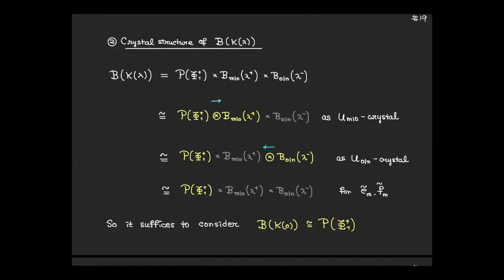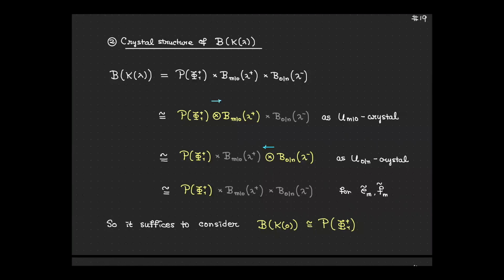The first two are the crystals of the usual GL_m and GL_n, which have nice combinatorial realizations, many realizations. And the extra factor coming here is the power set of the set of odd positive roots. Its crystal structure is also very clear.